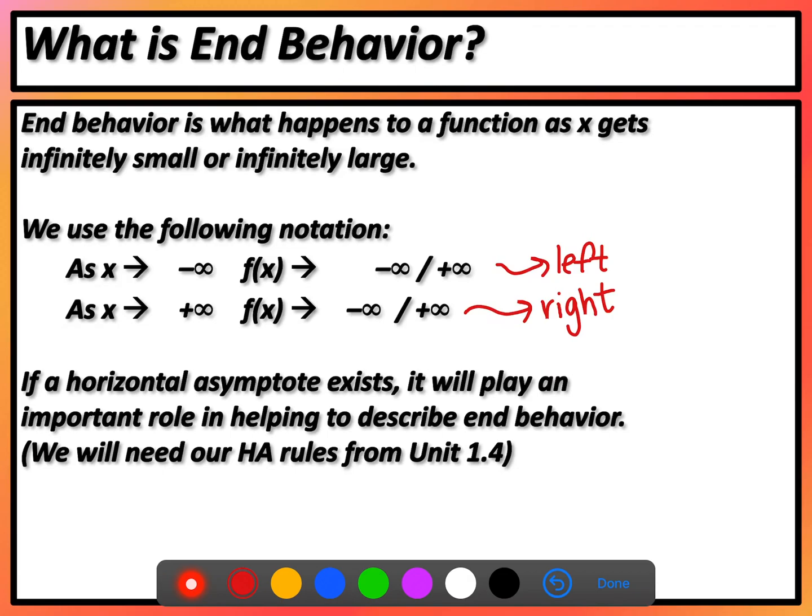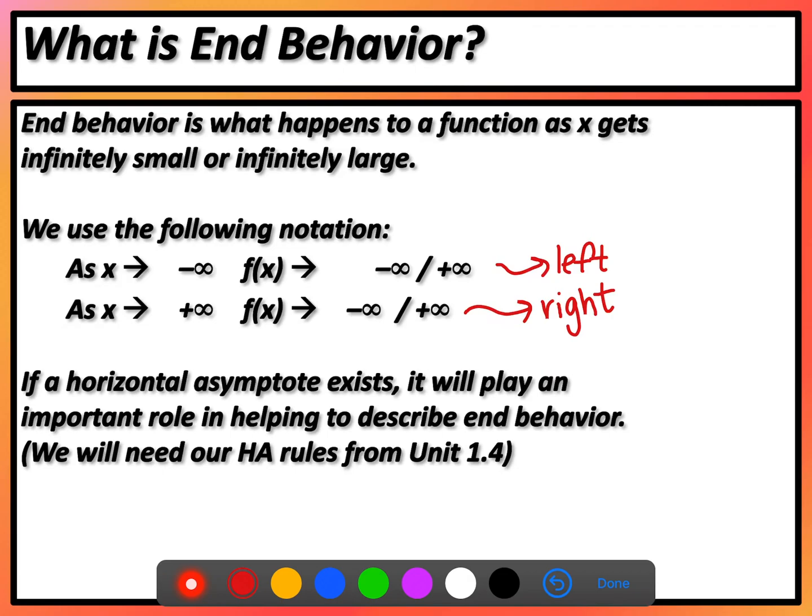However, now if we have a horizontal asymptote, we know that that is going to stop the graph from either continuing all the way up to positive infinity or all the way down to negative infinity, because it cannot cross that horizontal asymptote.